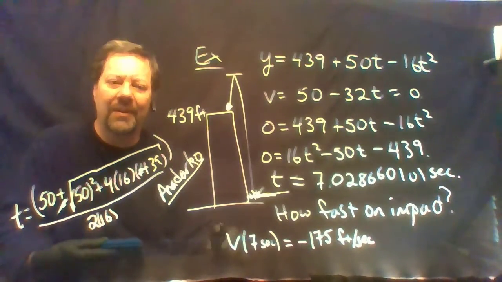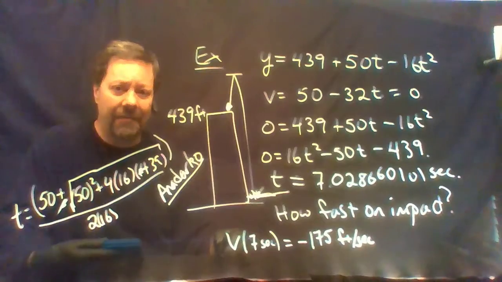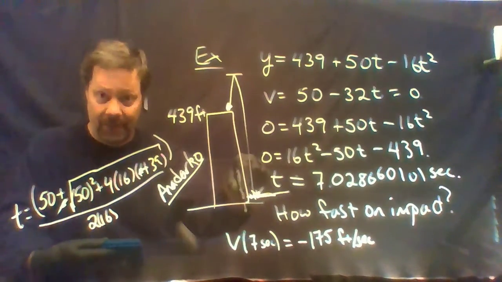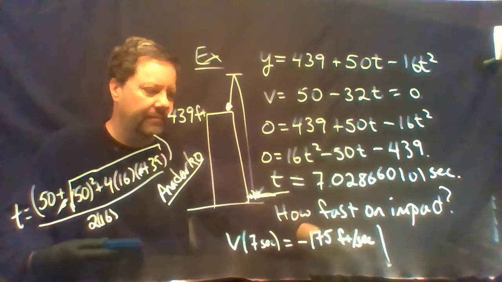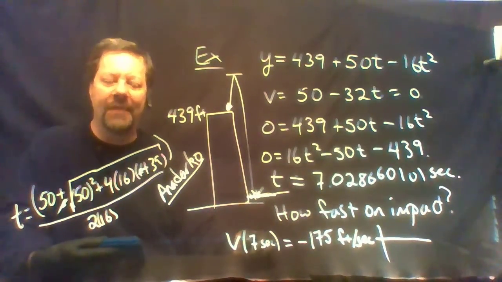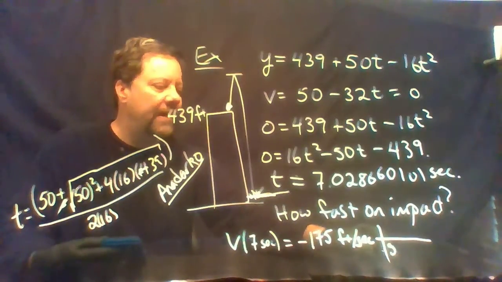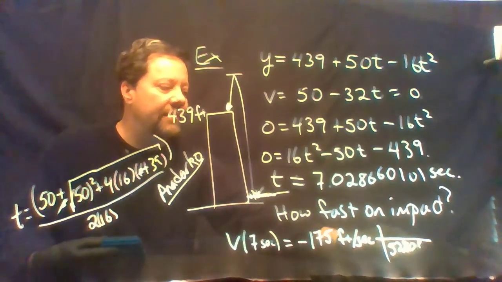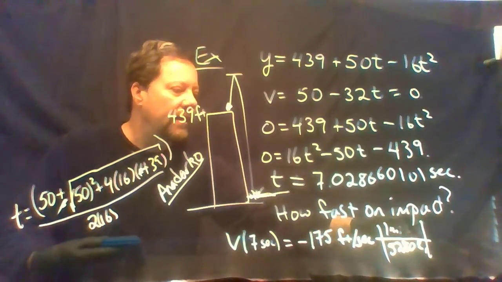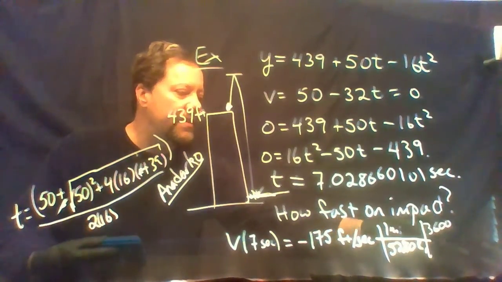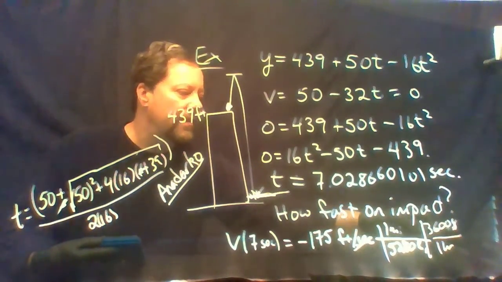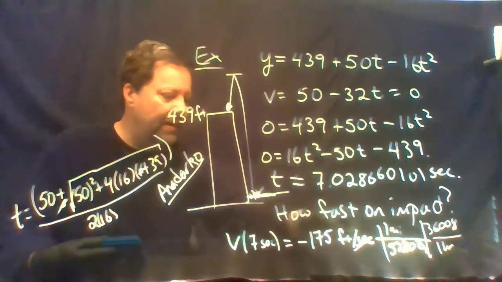Suppose I want to know in miles per hour and not feet per second. By the way, negative because it was going down. There is a way to deal with this. We use the factor label method. 5,280 feet is 1 mile, and 3,600 seconds is 1 hour. Second units cancel, the feet units cancel.